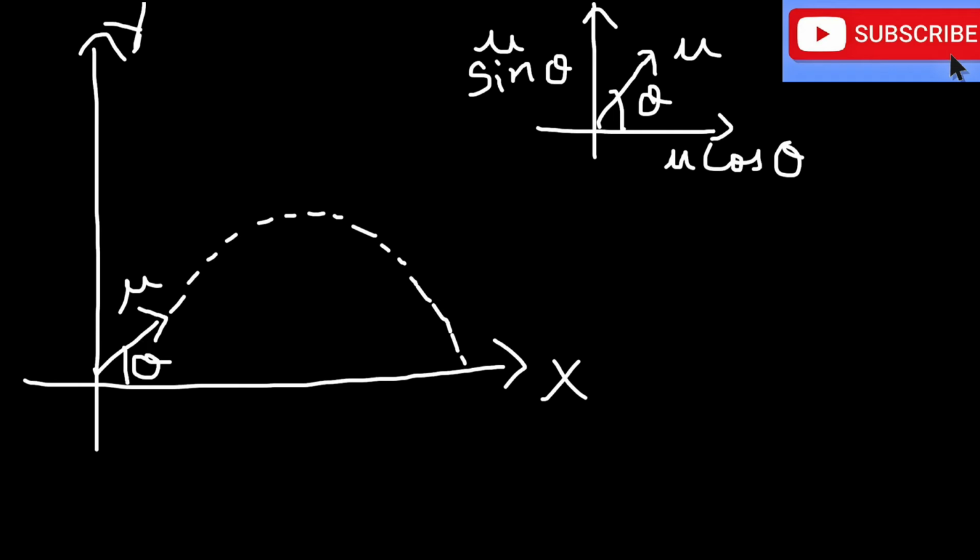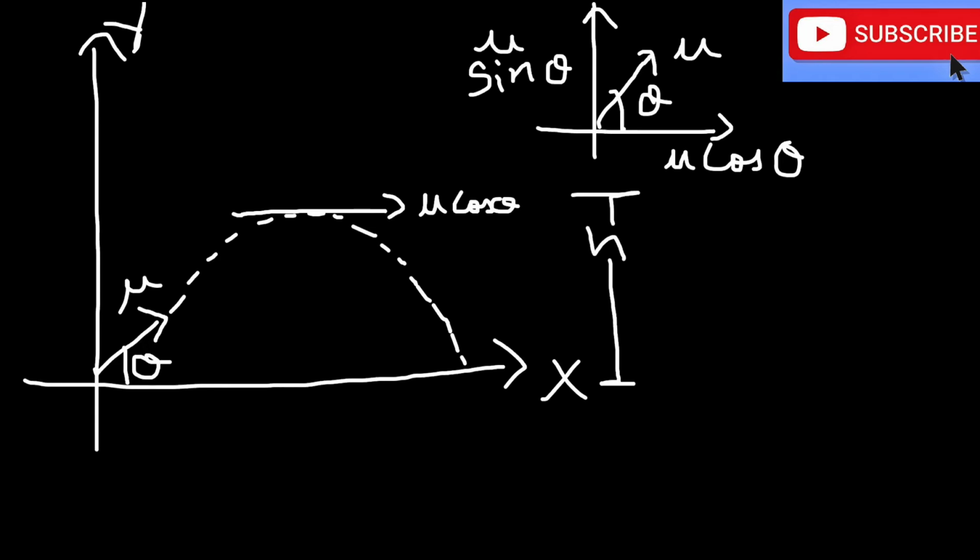These are the two components of the velocity. At the maximum height, only the horizontal velocity is there, that is u cos theta, and the vertical velocity is 0.